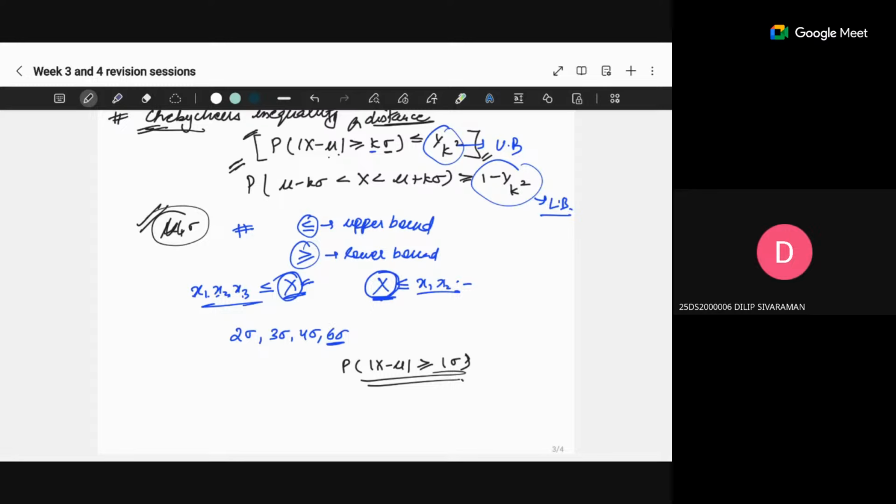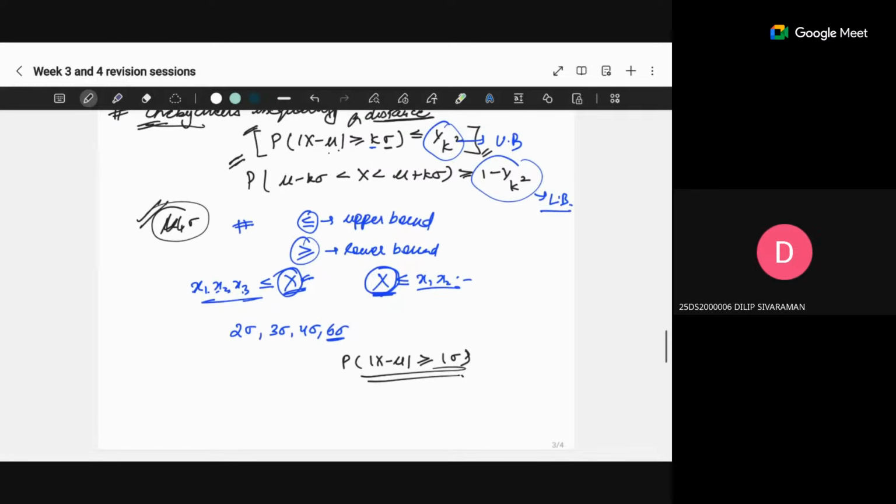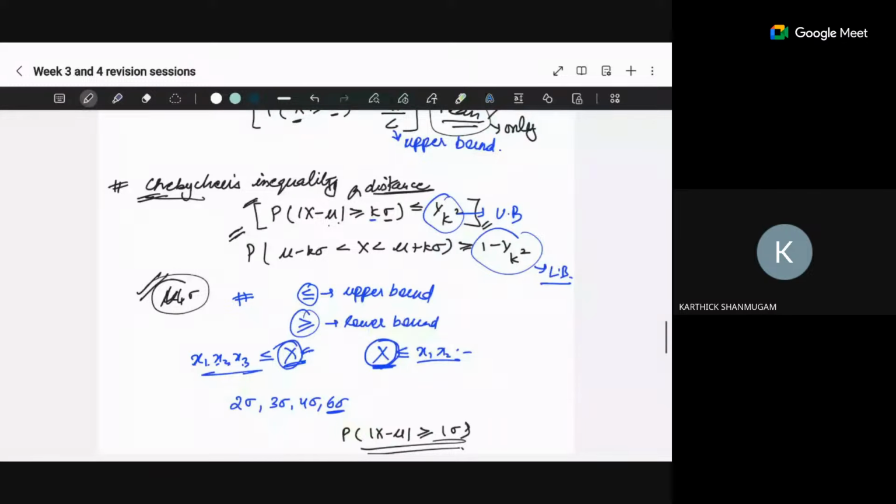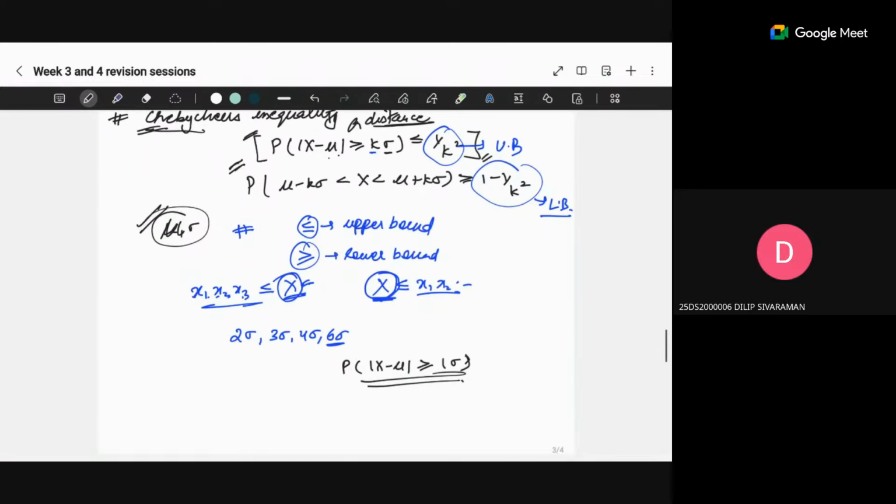Epsilon is in that equation, not in this. On the right hand side you have 1 minus sigma square by epsilon square. On the left side would be probability of mod x minus mu being less than or equal to epsilon is greater than or equal to 1 minus sigma square by epsilon square.